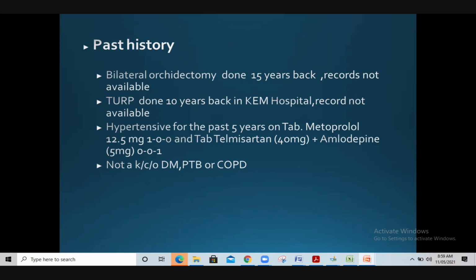The stage and the grade, that's all. And carcinoma prostate is one of those conditions where this can happen. So there are patients who can live even after orchidectomy 15, 20 years.